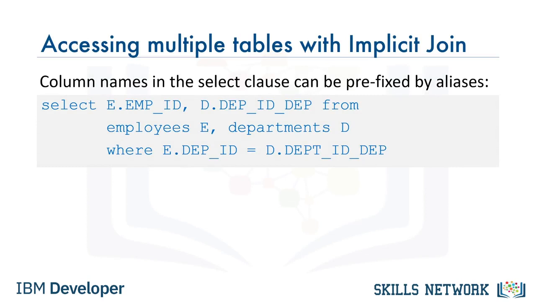Similar to before, the column names in the Select clause can also be prefixed by aliases, as shown in the query. Select E.employee ID, D.department ID from Employees E, Departments D where E.department ID equals D.department ID.